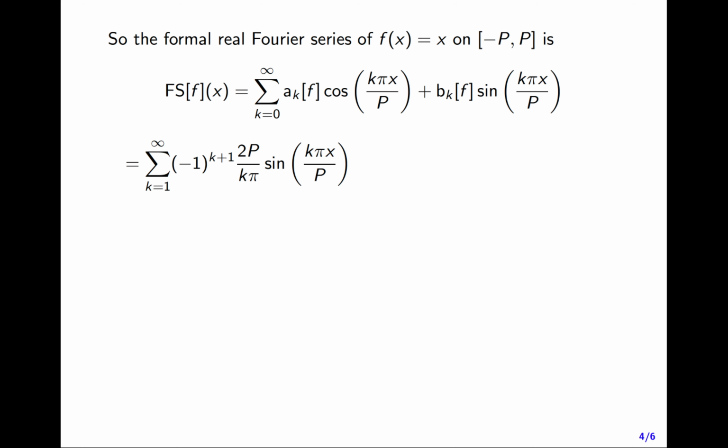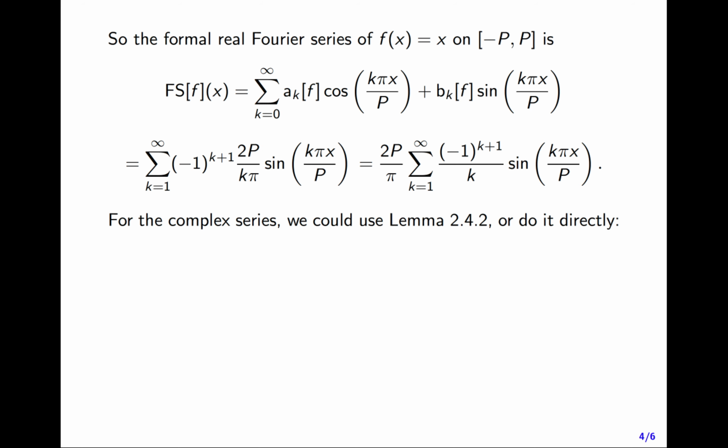This is the sum from k equals 1 to infinity of minus 1 to the k plus 1, 2p over k pi, sine of k pi x over p. And if you want, you can factor this nicely as 2p over pi times the sum from k equals 1 to infinity, minus 1 to the k plus 1 over k, sine of k pi x over p.